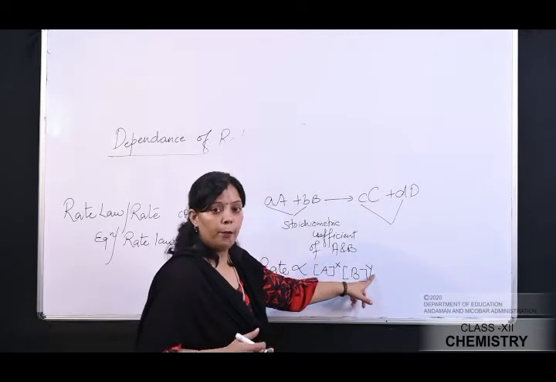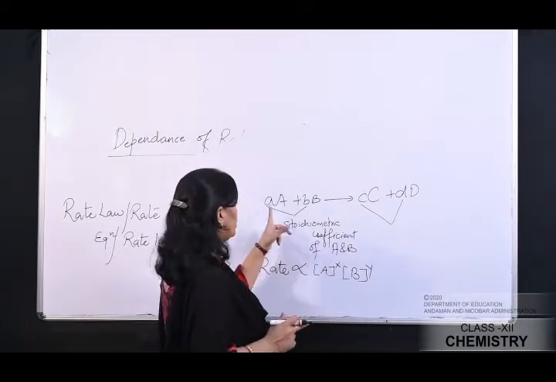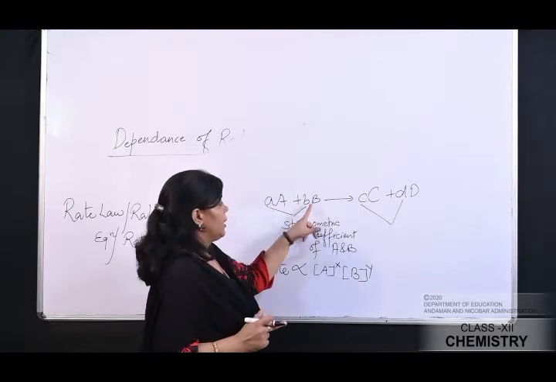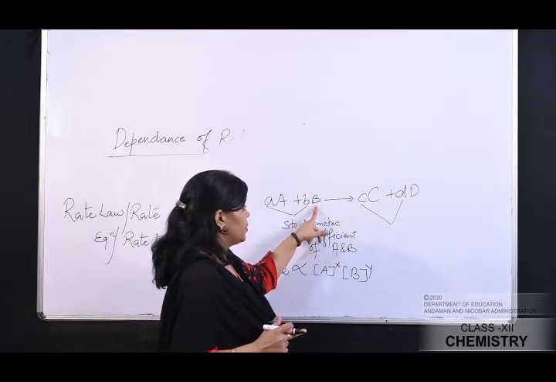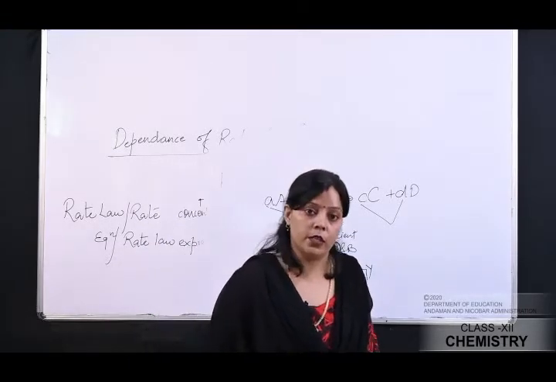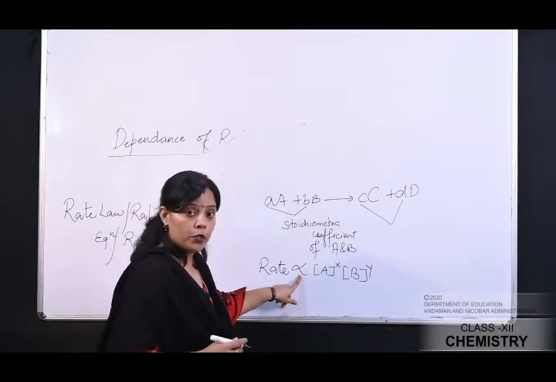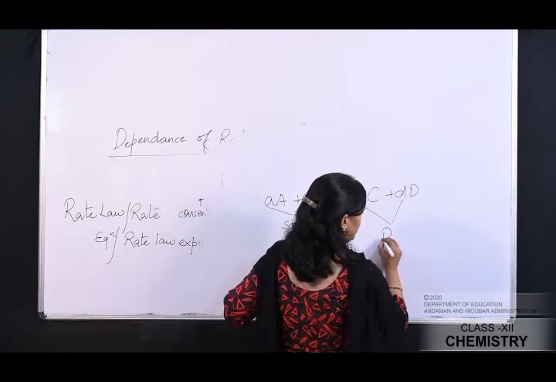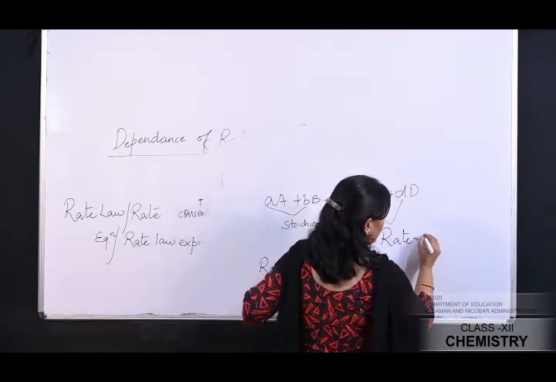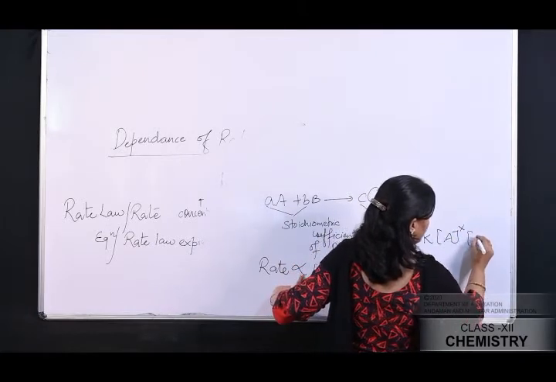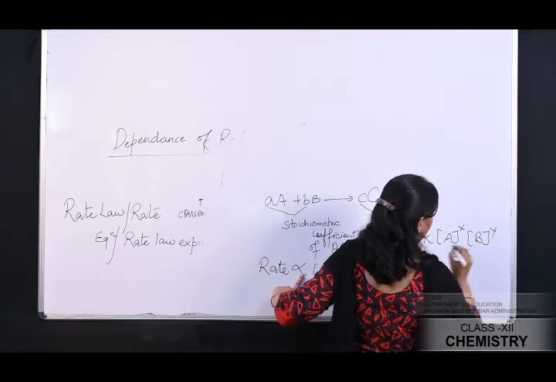These two terms may or may not be equal to the stoichiometric coefficient of A, that is small a, and the stoichiometric coefficient of B, that is small b, respectively. So when we remove this proportionality, a constant is added, that is k, [A] raised to power x and [B] raised to power y.